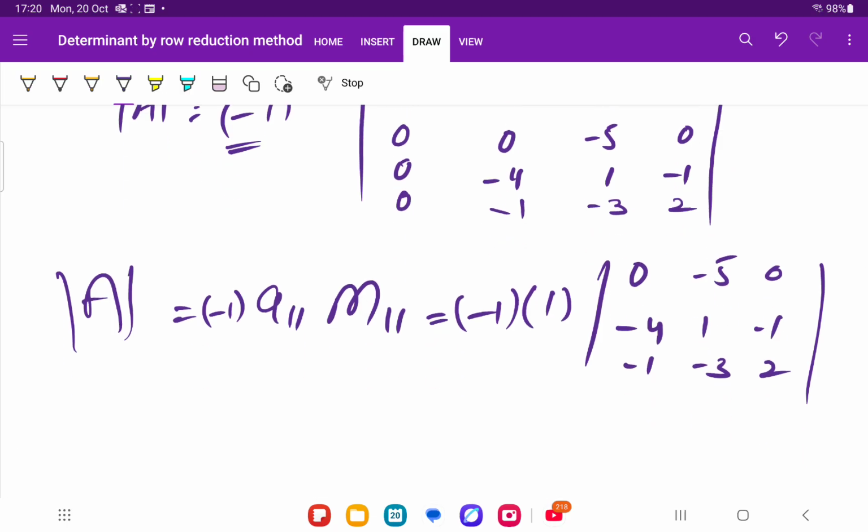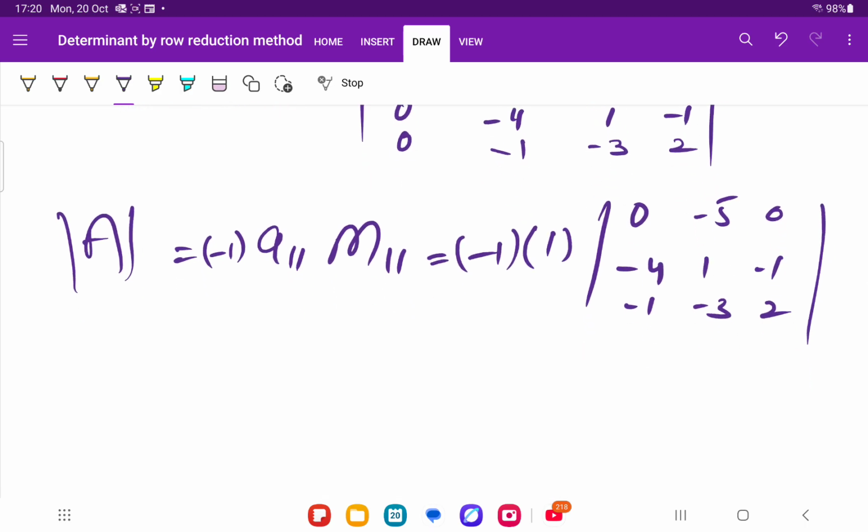Now minus 1 multiplied by 1 is again minus 1. Then again we have to pick a row or column which has most zeros. Which row or column has zeros? The first row. In the first row, which element is non-zero? Minus 5. What is the location?